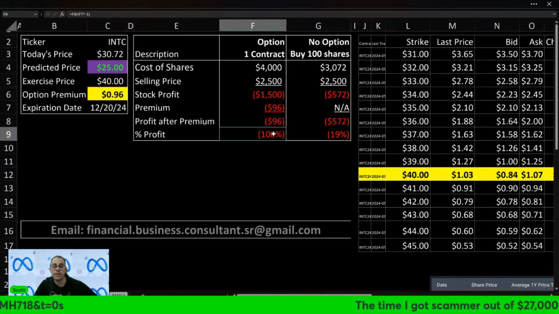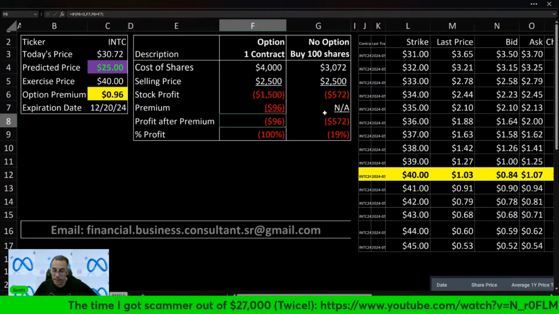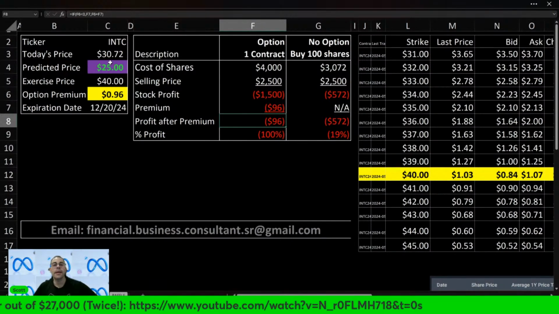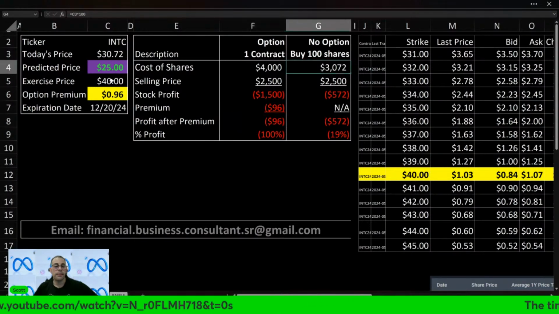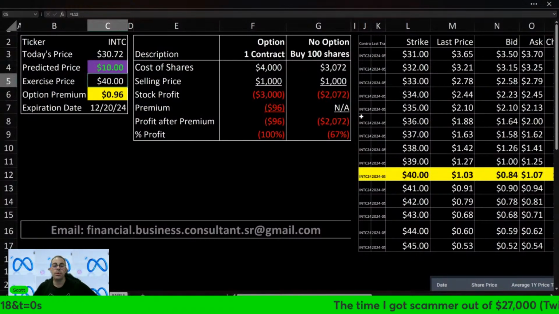Even though it's a 100% loss, it's only $96, and you didn't exercise the option. That's why it's less risky to buy options if it goes down, because you only lose your premium. And if it goes down even further to $10, you lose $2,000. It's a lot of money.